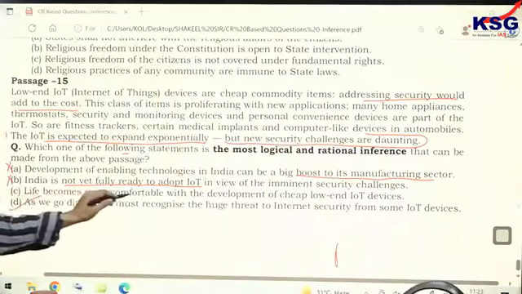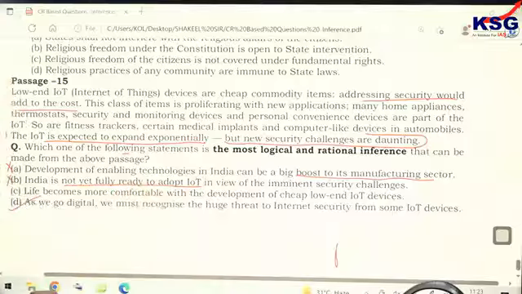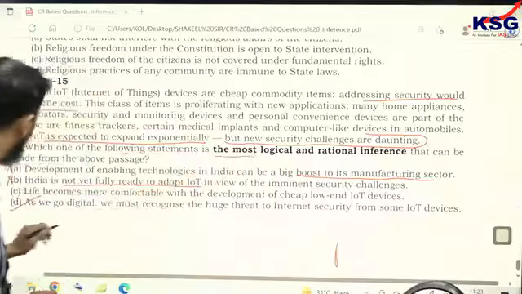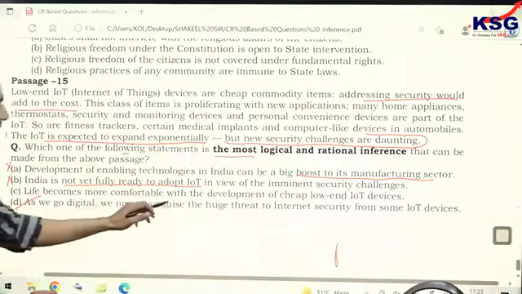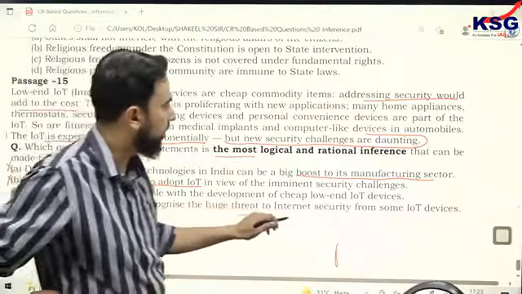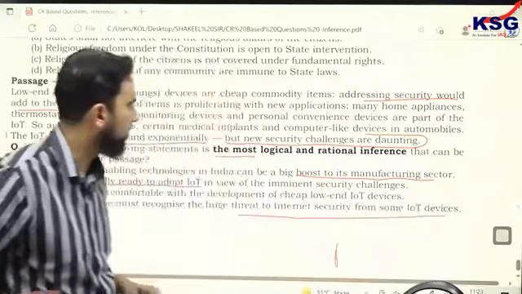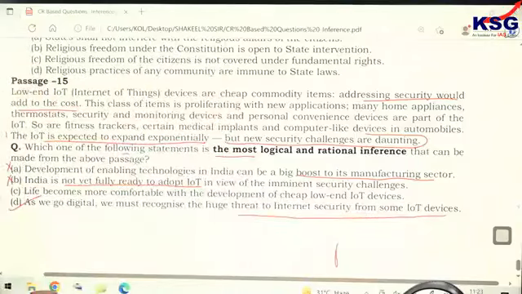C, life becomes more comfortable with the development of cheap low-end IoT devices. The effect has not been mentioned. Life becomes comfortable or chaotic, not given in this paragraph. But when you compare, you have to choose the most logical and rational inference. Option D, as we go digital, we must recognize the huge threat to internet security from IoT devices, because the security challenges are daunting.